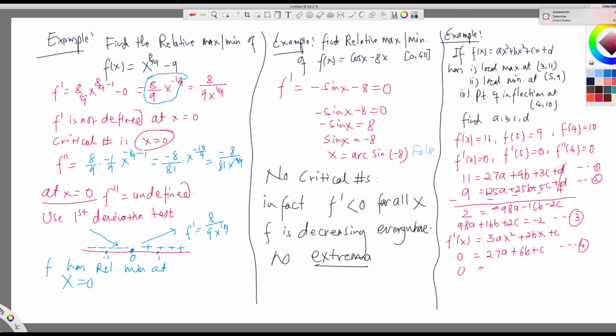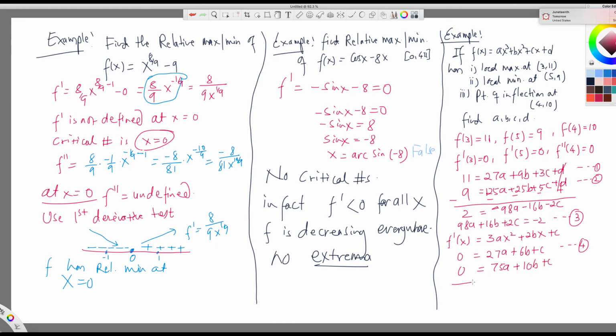So 0 equals, what do you get? 27a plus 6b plus c is for f prime of 3. F prime of 5 will be 75a plus 10b plus c, right?